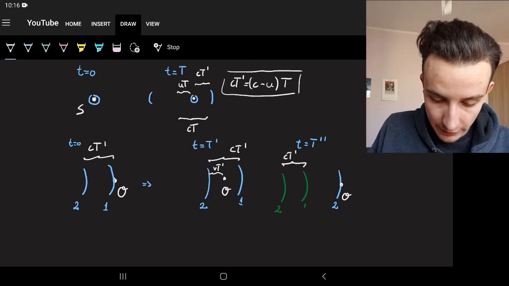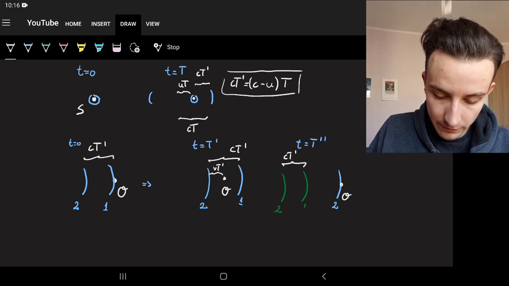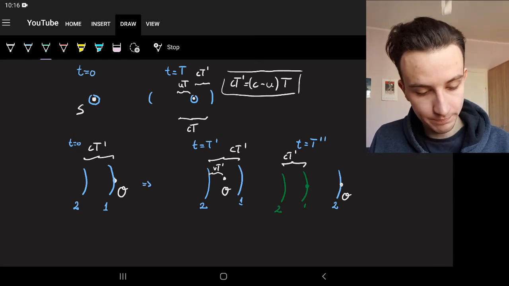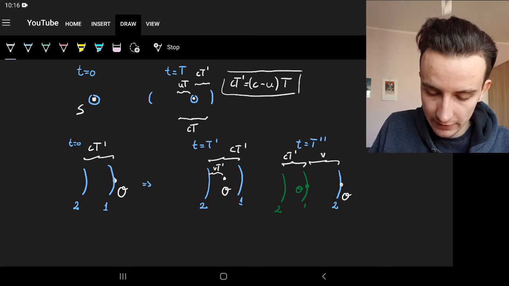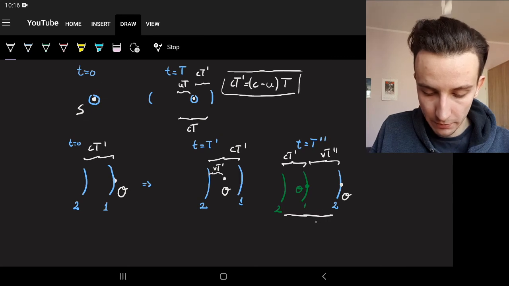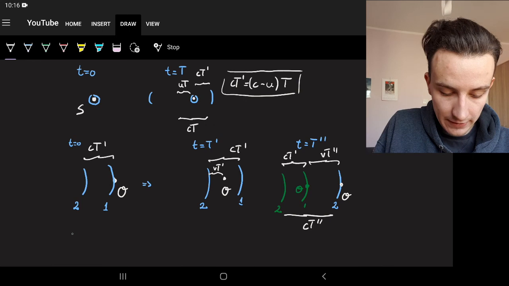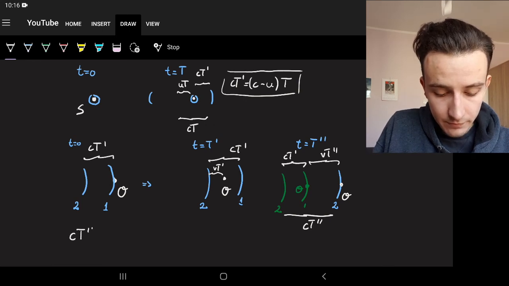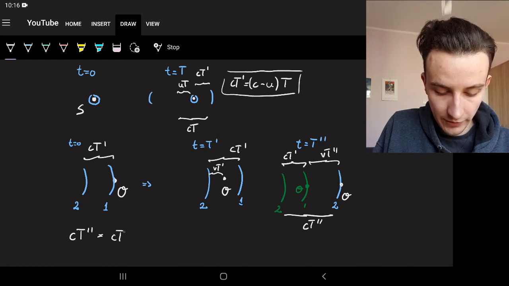And then this was where the observer was. Maybe I should draw that in green as well. This is where the observer was. And the observer moved away by VT second. So that means that the second wavefront had to catch up by CT second. So what we need is that CT second is equal to CT prime plus VT second.